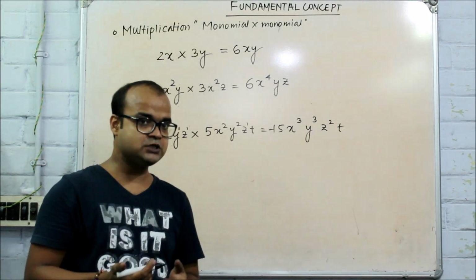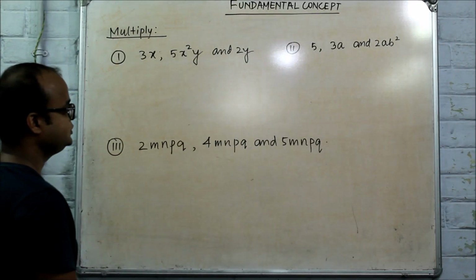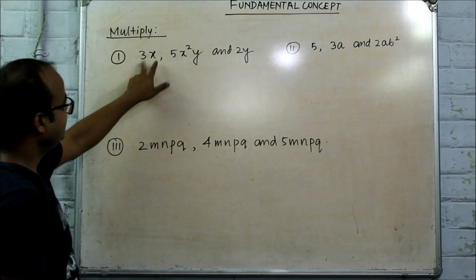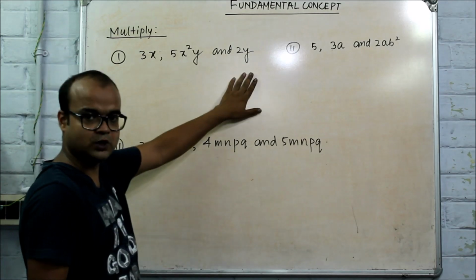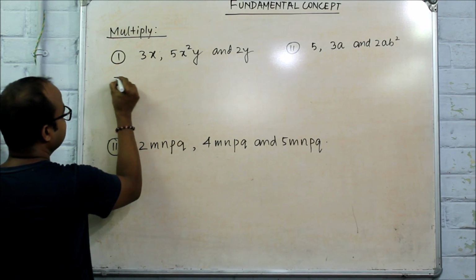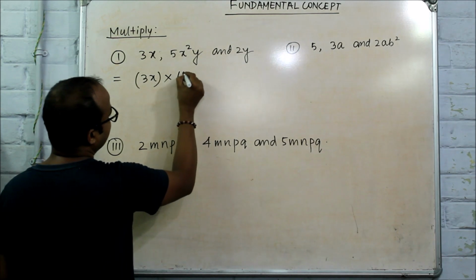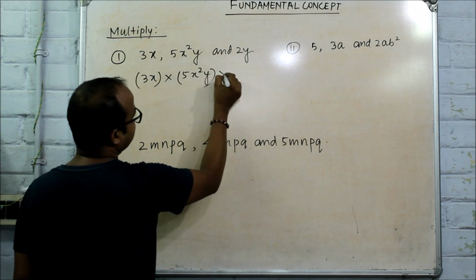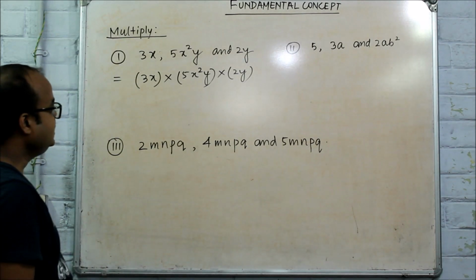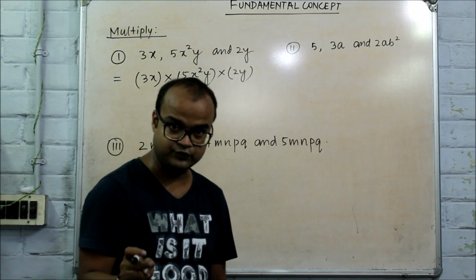Let us take some more examples to explain the topic. Let us discuss these sums. We need to multiply 3x, 5x square y and 2y. First we write the terms using the multiplication sign. So we write 3x multiplied by 5x square y multiplied by 2y. Clear? Now the first step is to multiply the numerical coefficients.